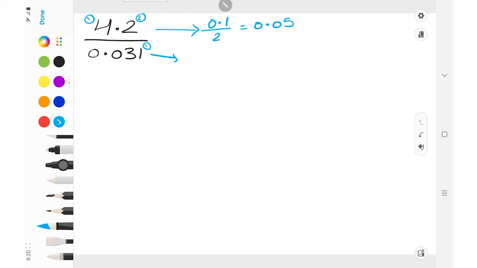You know the zeros are not counted. This is my second significant figure. Which is 0.001 divided by 2. I'll get 0.0005. So different.